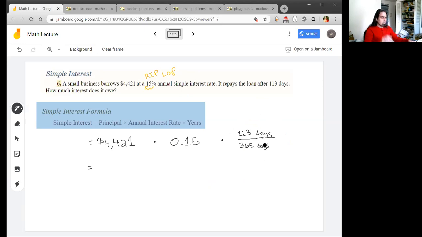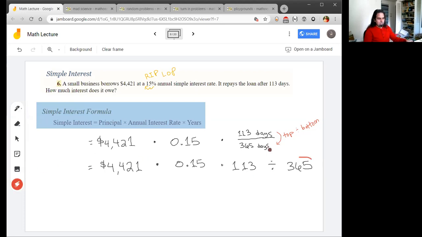Now the fraction bar is just division. Right? For fractions to decimals, we do top divided by bottom. We've done that lots of times. So I'm going to write an extra line that you don't need to write. So this is what I'll actually put in the calculator, because the calculator for most of us, instead of a fraction bar, likes division.